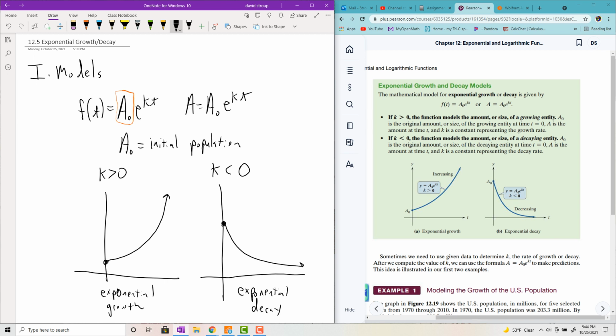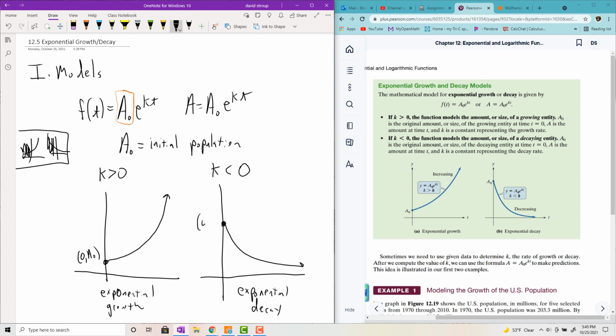It's basically your same old exponential functions. If you remember, e to the x looks like this, and e to the negative x would be that same thing rotated around the y-axis. Except we've chopped off this part of it, and then we multiplied it by a sub 0. So now the y-intercept is no longer at (0, 1); in our case, it's at (0, a sub 0).